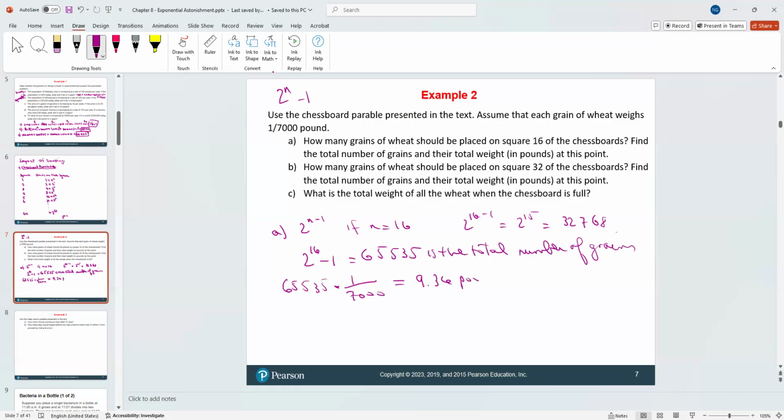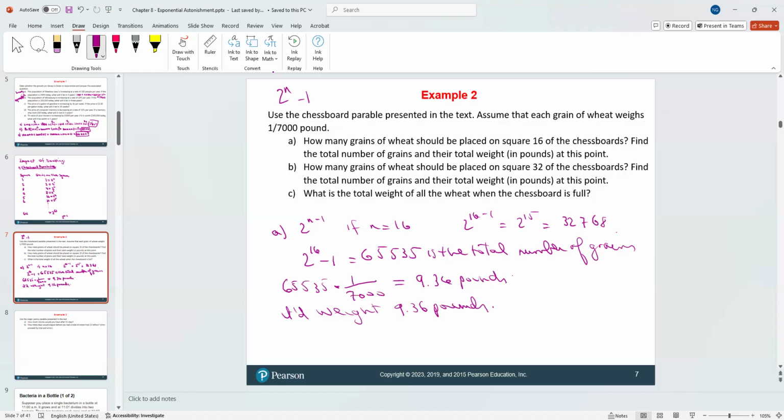It would weigh 9.36 pounds. So that's the example.